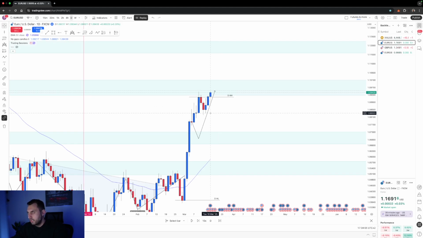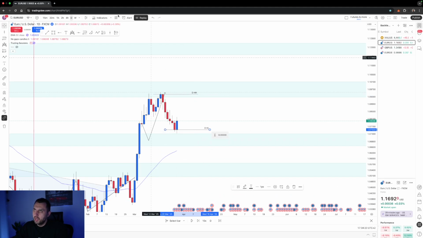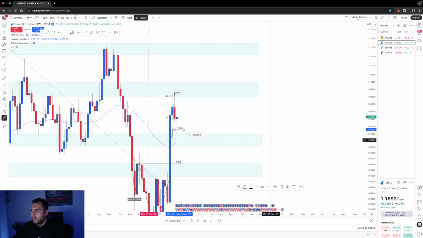So let's see. Yeah, the price is moving up, then down. Okay. So right now we can see that the price came almost to our support zone. But the daily here, we can see that it became bearish. Let's see on the weekly what's going on.